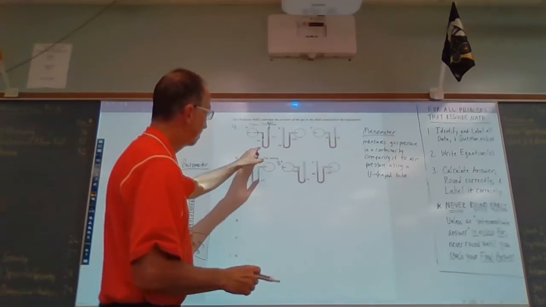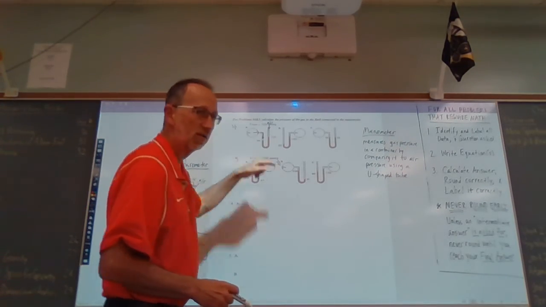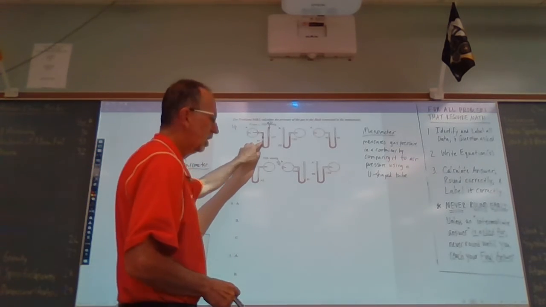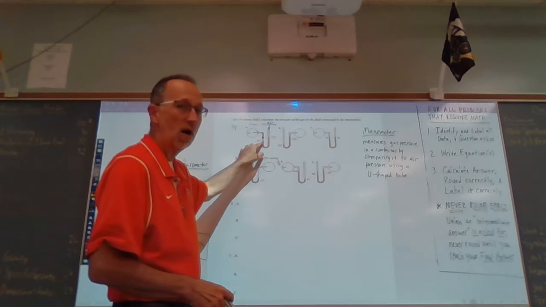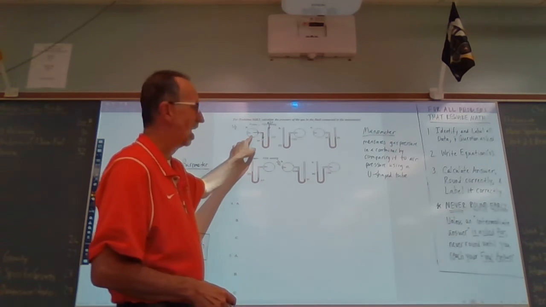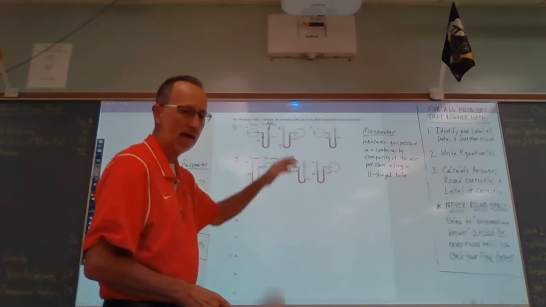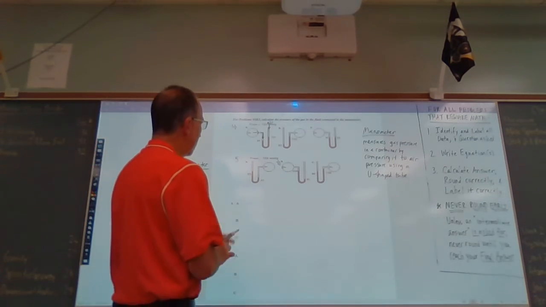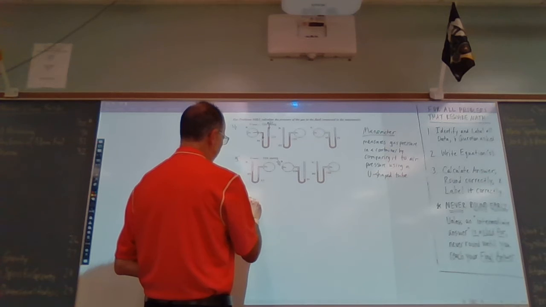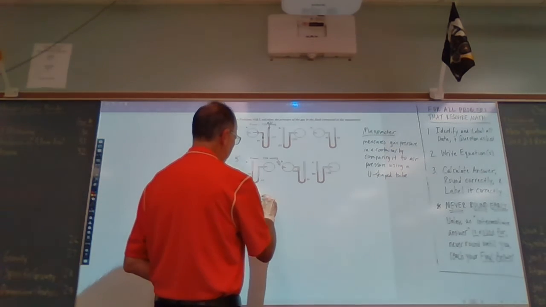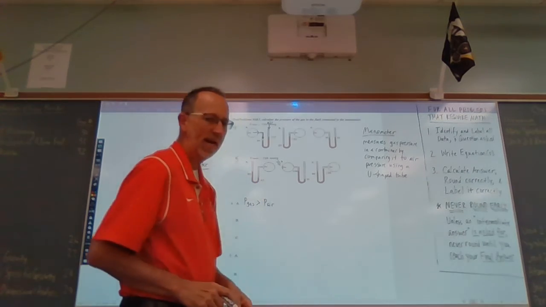Well, the answer to that is no. If they were, it would be the same height on both sides. But look here, it's being pushed harder on the gas side than it is on the air side. It's down farther here and up higher there. So what that's saying here in part A is that the pressure of the gas is greater than the pressure of the air.